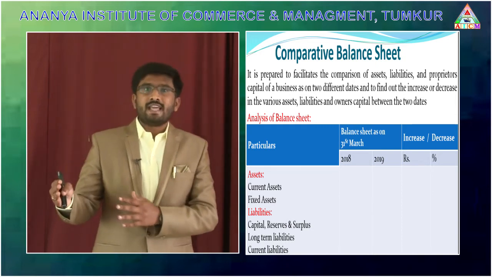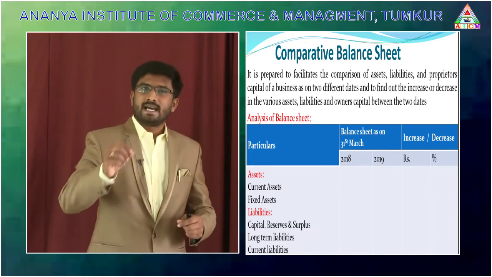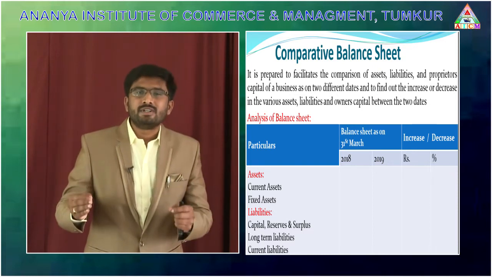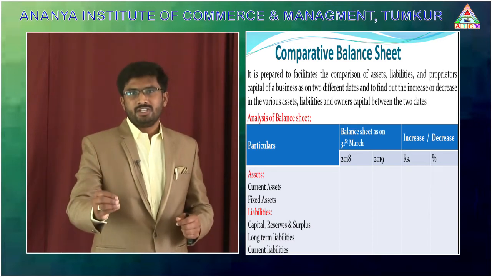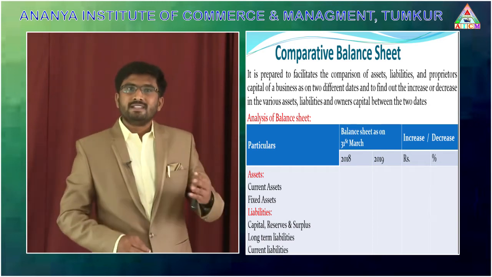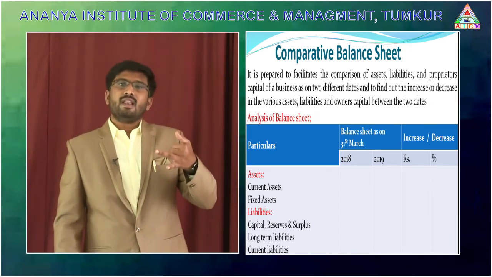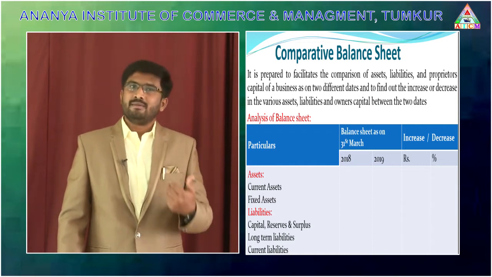When it turns to the liability side, liabilities are classified into 3 heads: current liability, long-term liability and capital of the firm. That means the comparative balance sheet will be done by 5 different kinds: current assets, fixed assets, long-term liabilities, capital of the firm and current liabilities.